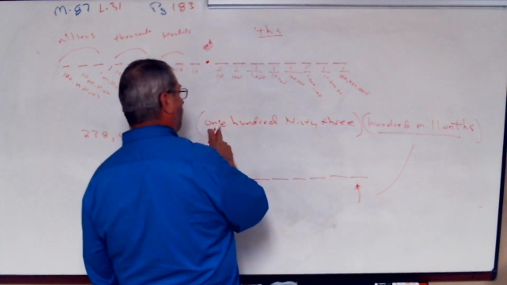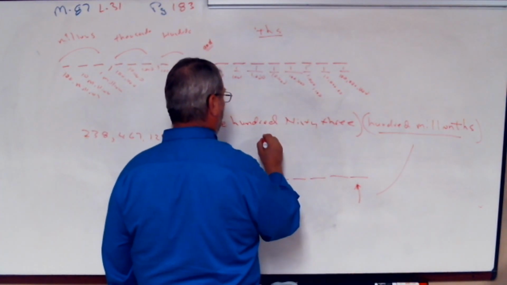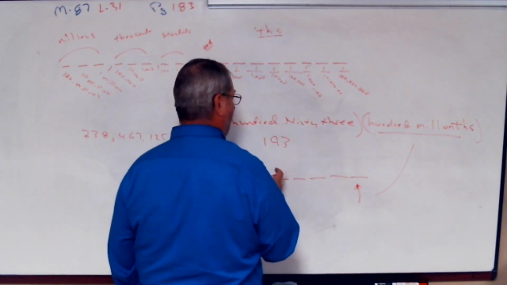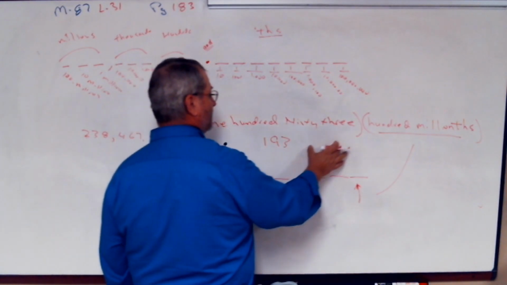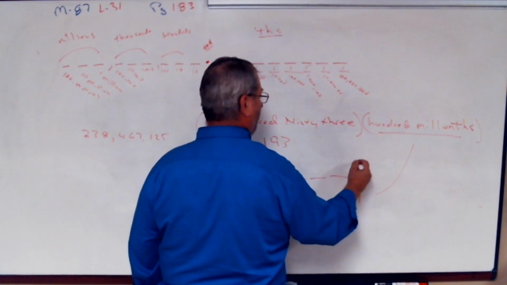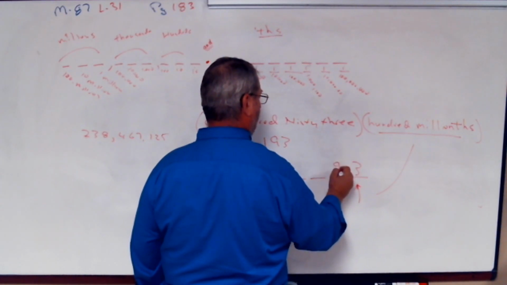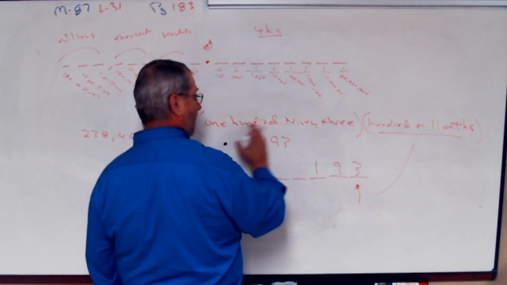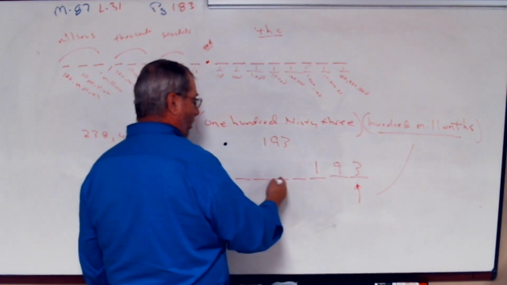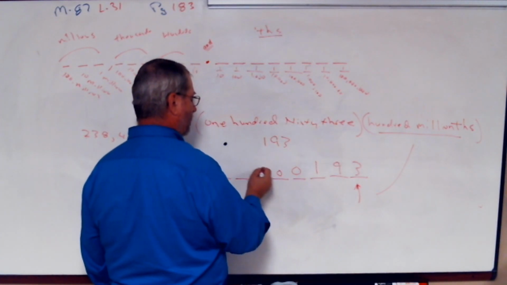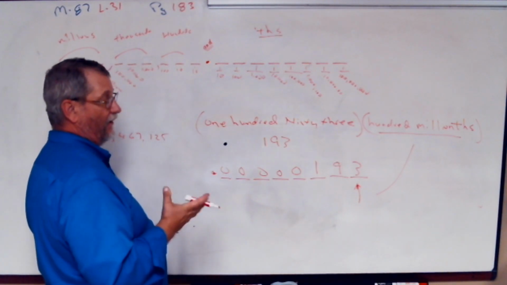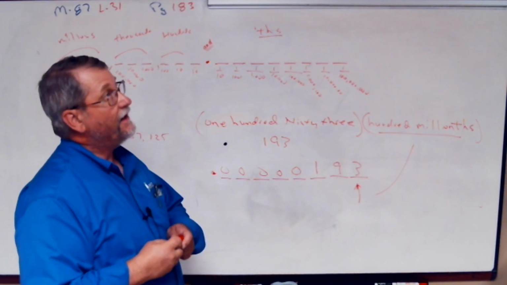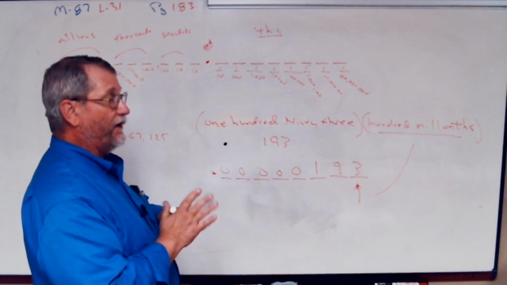Now, my number is 193. This number drops right on here. There's 193. Don't space it out. It's 193. All these up here are going to be zeros. You have to fill all those places. You understand that works? Super critical, super important, not hard to do.